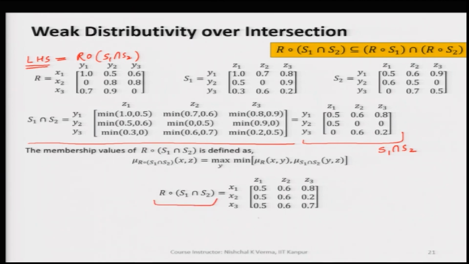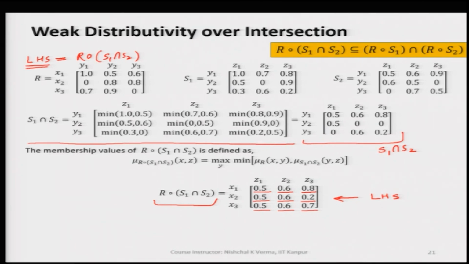Since we are using the max min criteria, we get the final outcome as this, where the elements are 0.5, 0.6, 0.8, 0.5, 0.6, 0.2, 0.5, 0.6, 0.7. So, this way we get the LHS computed for our example using R, S1 and S2.